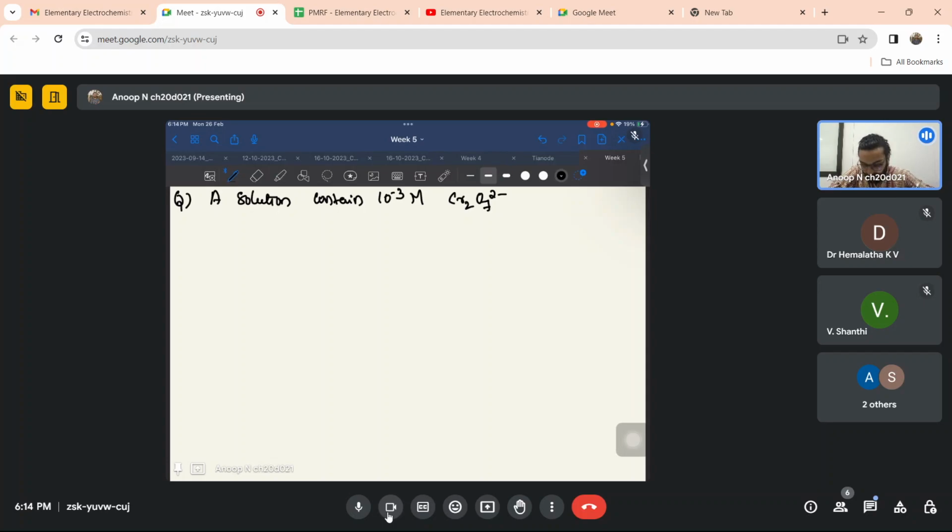Okay, a solution containing 10 raised to minus 3 molar Cr2O7 2 minus and 10 raised to minus 2 molar Cr3 plus.